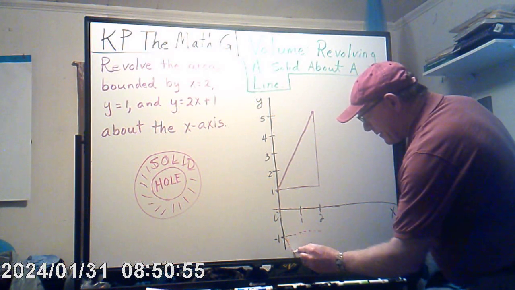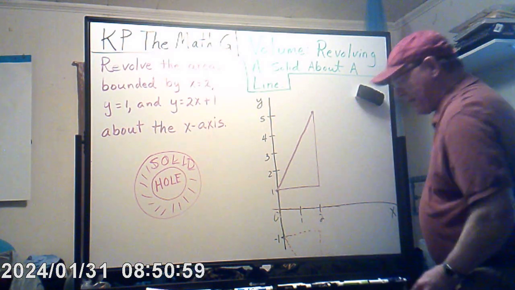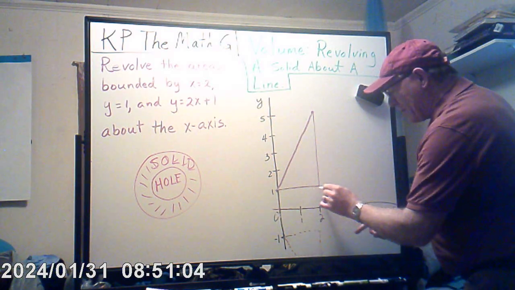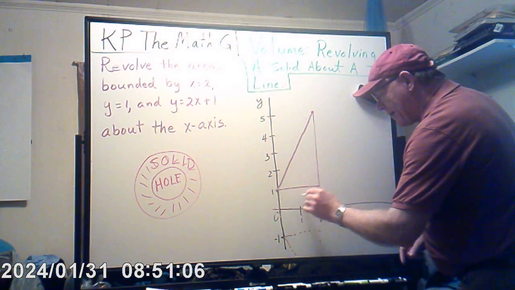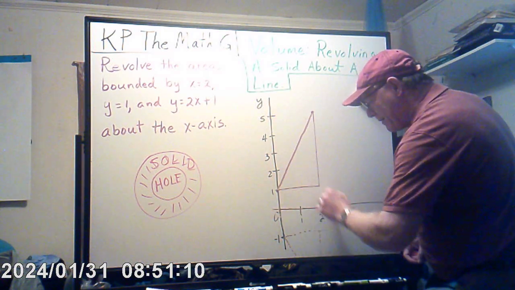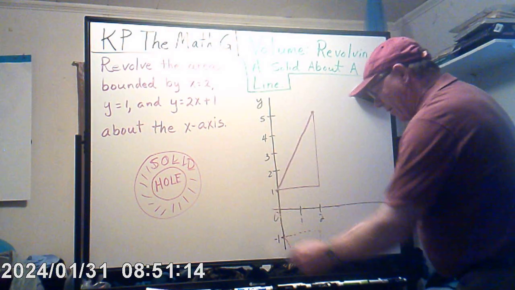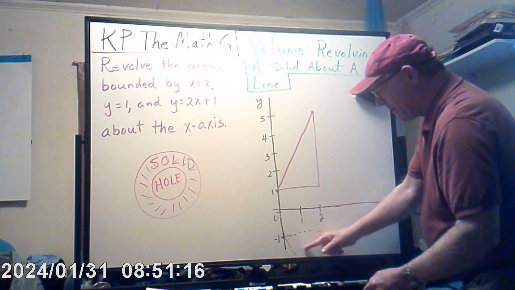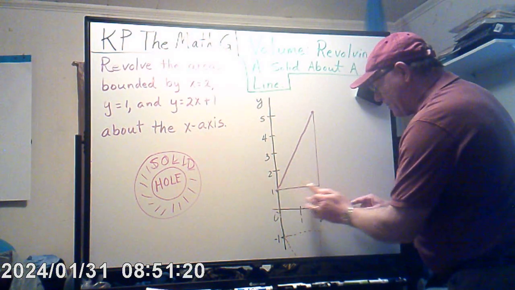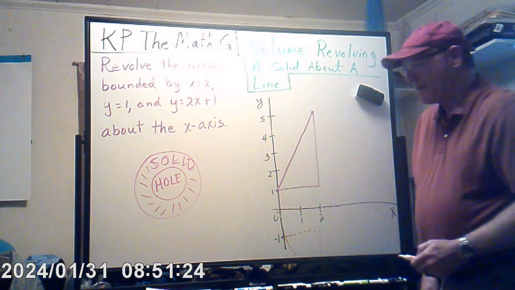It's going to taper off like that and go straight down like this, and this is your hole right here. And then from here on, the rest of it is solid. But this is a space. Anytime you have a space, you're going to have a hole.